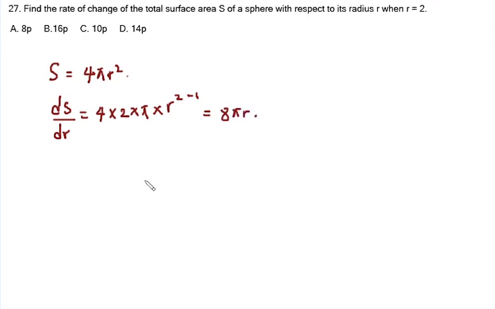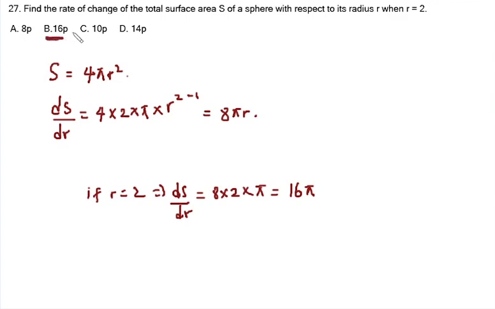If r is equal to 2, it implies that dS over dr is equal to 8 times 2 times pi, which is 16 pi. From our options, 16 pi is represented as P, so the answer is simply P. Let's move on to the next.